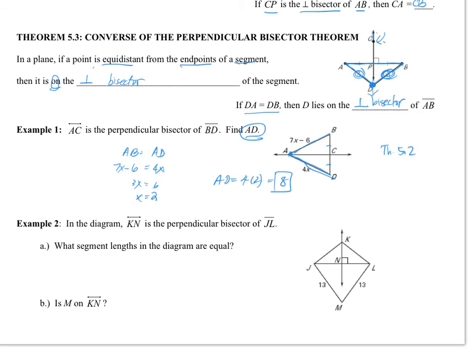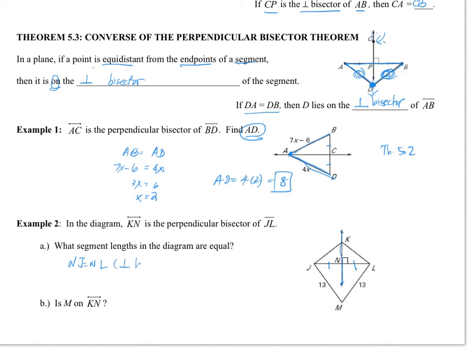Example 2. In the diagram, line KN is a perpendicular bisector of segment JL. Part A. What segment lengths in the diagram are equal? Well, we can first say that NJ is congruent or equal to NL, because line KN is a perpendicular bisector.